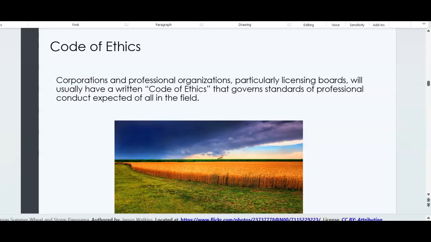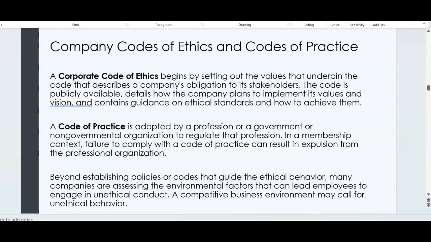This would give us a very specific set of published standards for conduct within an organization or within a professional field. And so you see companies that will have that code of ethics that will clearly define what's right and wrong in terms of behavior within the company.